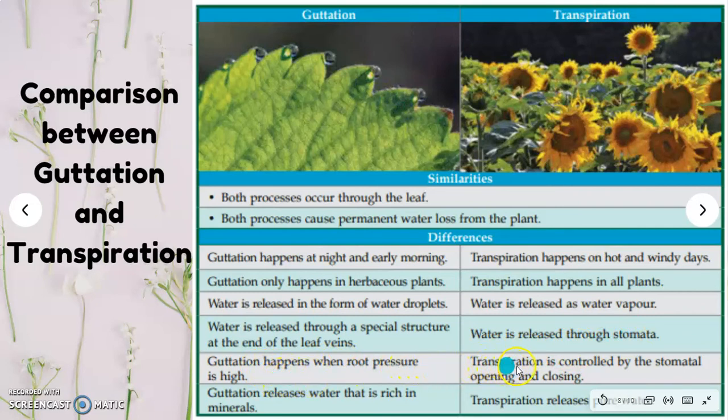Transpiration is controlled by the stomatal opening and closing. Last one, guttation releases water that is rich in minerals. Transpiration releases pure water in the form of water vapor. So that is the similarities and differences between guttation and transpiration.